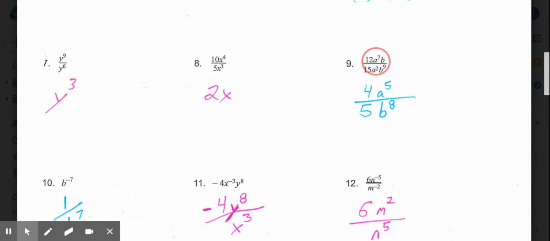So dividing the powers means we need to subtract them. 7 minus 2 leaves us with a to the 5th. And that stays on top because we had more a's on top. And then the last part, we have b to the 1st on top, b to the 9th on bottom. So that would give us b to the 8th staying on bottom.